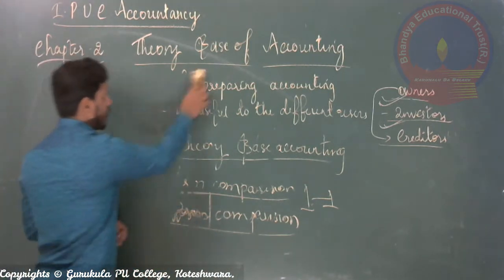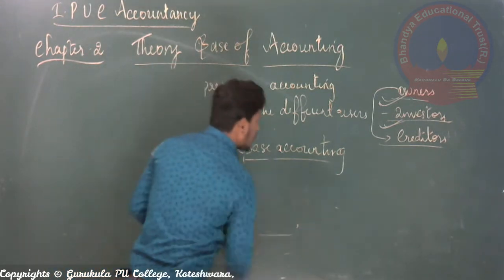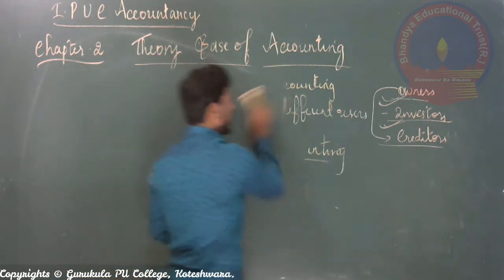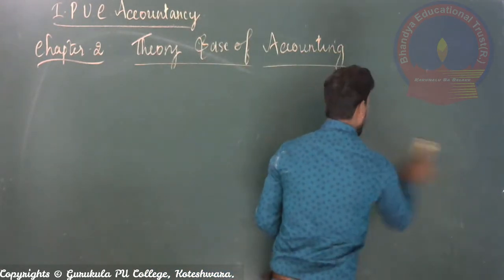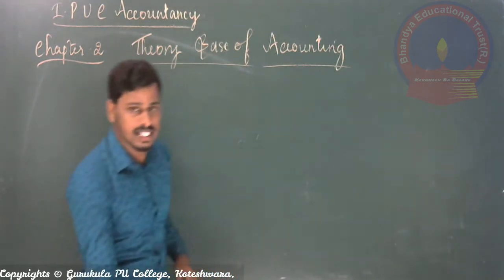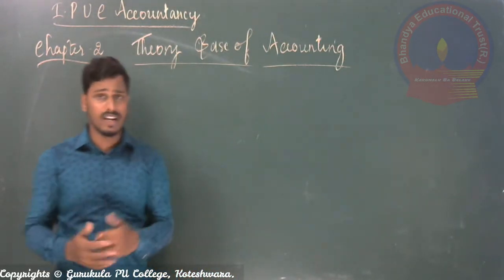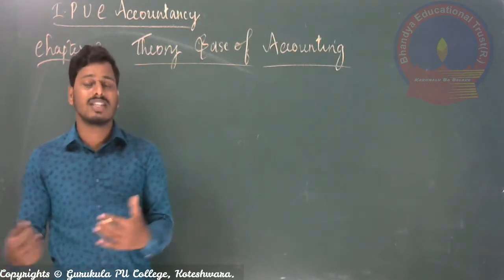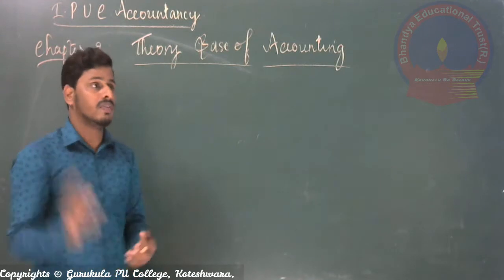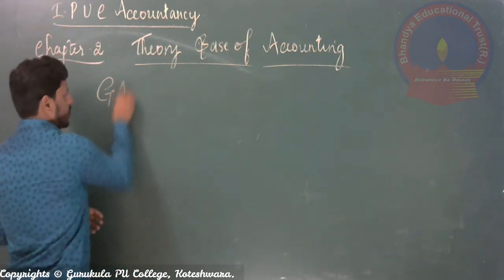Next, I'll go on to what the concepts of accounting are, as well as how the concepts are related to accounting work. We'll discuss what concepts are, what conventions are, and how concepts, principles and conventions are related to accounting, starting with GAP.